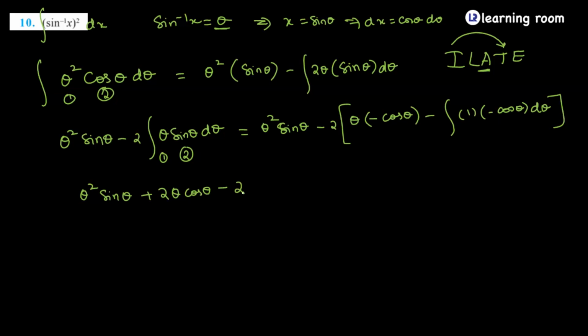Integral of cos theta is going to be sin theta plus c. Am I clear? See, I skipped one step here. Integral of cos theta is going to be sin theta. Okay. So minus of minus is plus into minus is minus. That is why I put a minus here.